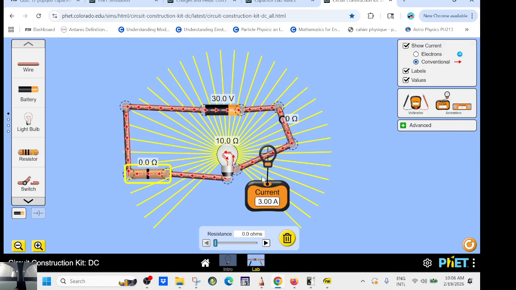So let me ask you something. You have 30 joules for 1 coulomb. But you have 3 coulombs per second. So how many joules per second? So 30 joules per coulomb, and you have 3 coulombs per second, 90.